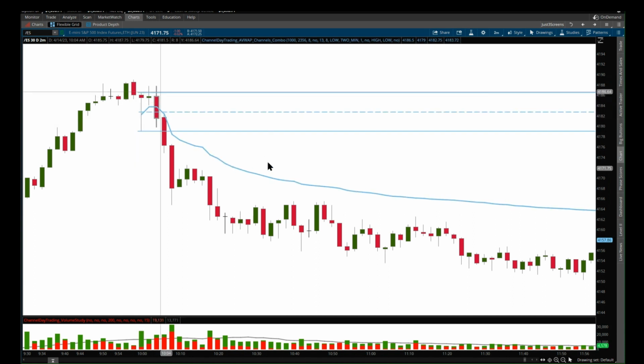Once it closes this way, there's a big chance it won't be able to penetrate and will go down. When it closes underneath this candle, I might go short, take a quick scalp, and leave one of the contracts as a runner.